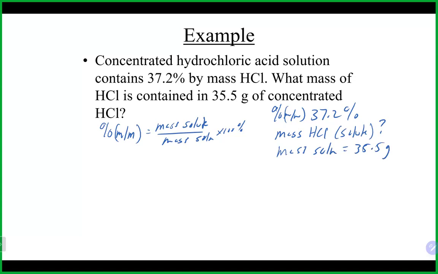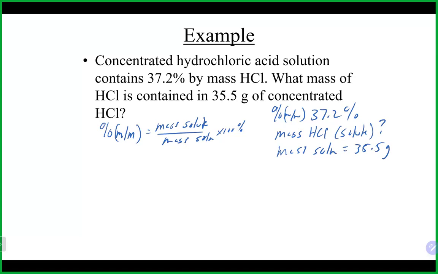Now you may be asking, how do I know 35.5 grams is the mass of the solution? I know that because they're asking me to solve for the mass of the HCl. And remember that, as we talked about, pretty much the name of the solution is the solute. So if you have an HCl solution, HCl would be your solute.